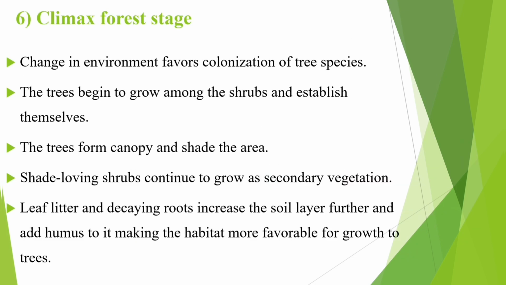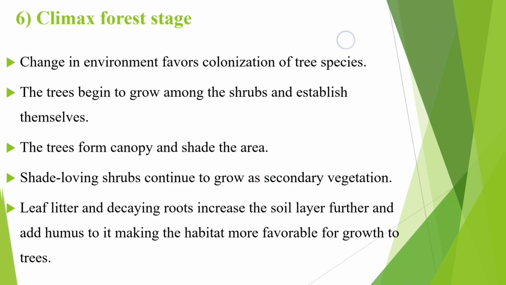Next, after the shrub stage, the climax stage, that is the forest stage, appears. Change in the environment favors colonization of tree species. The trees begin to grow among shrubs and establish themselves.